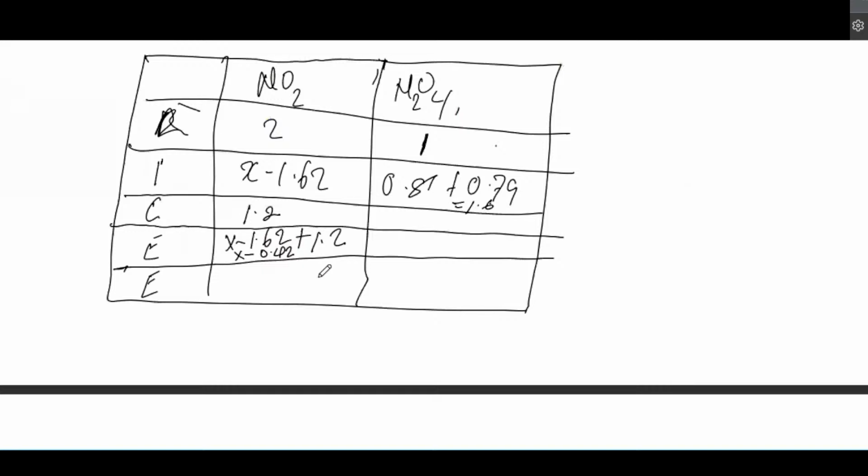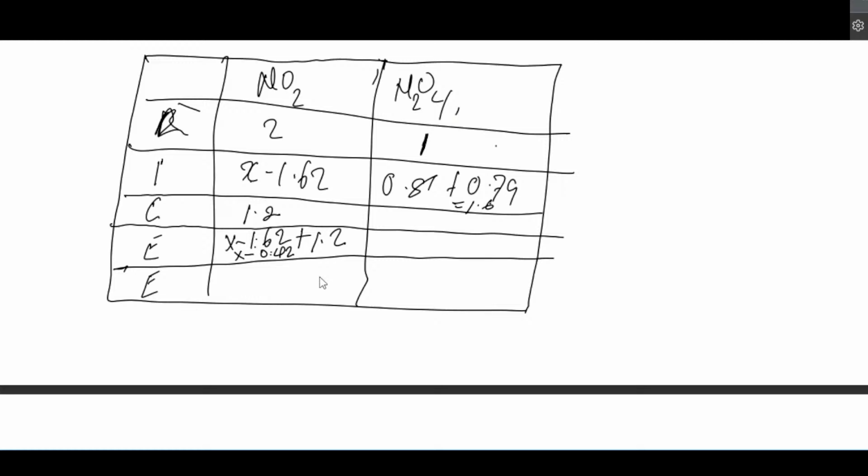So that's why now this brings up the real aspect: because it was added, it was found out that this is what was added. Therefore, I have x minus 1.62 plus this.